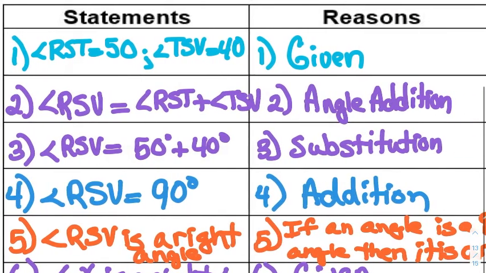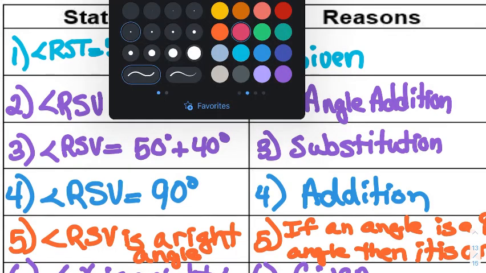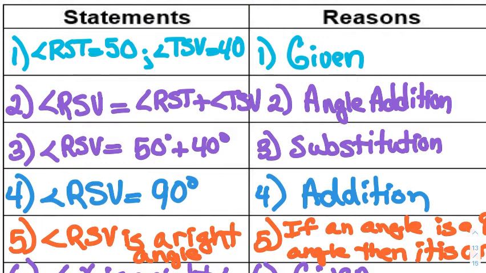So now, to get to our proof statement, we can say that our last and final step is that angle RSV is congruent to the angle X because, well, if you have two right angles, or if two angles are right, then they are congruent.